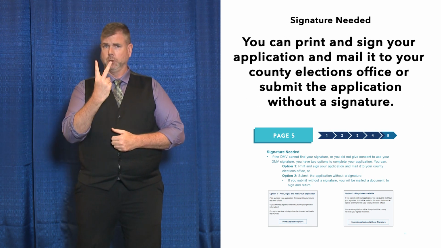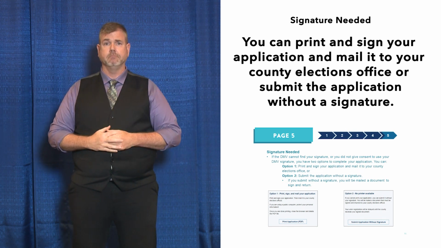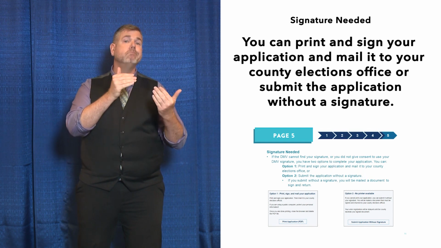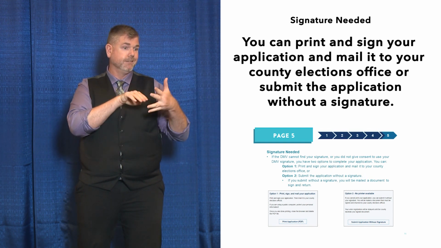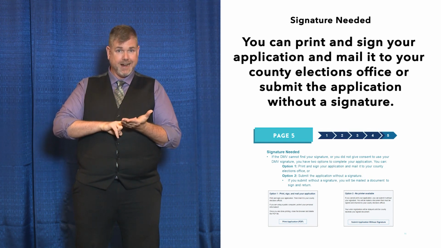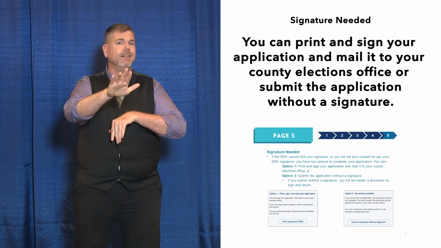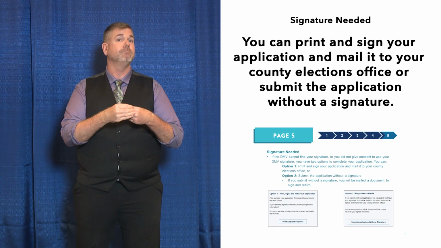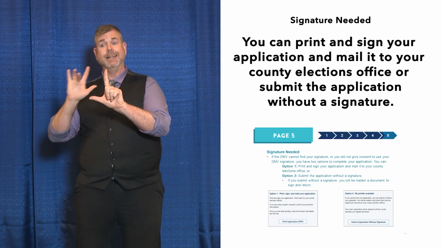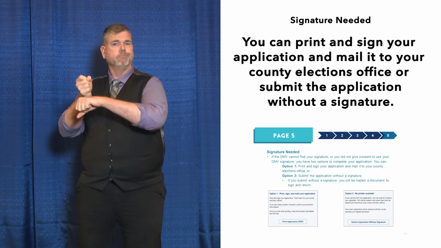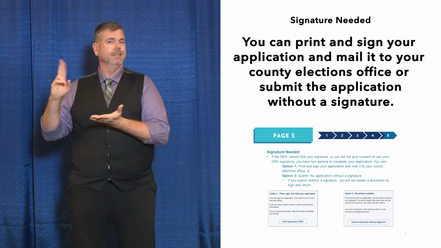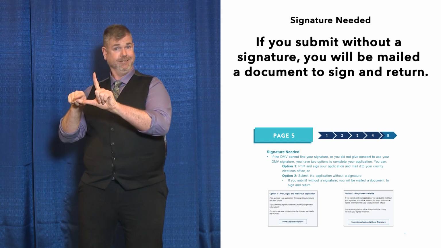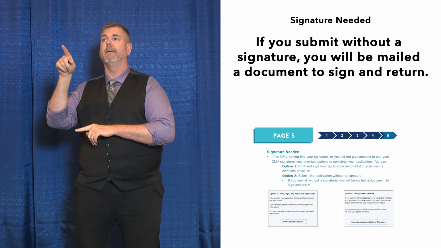You can print and sign your application and mail it to your county elections office, or submit the application without a signature. If you submit without a signature, you will be mailed a document to sign and return.